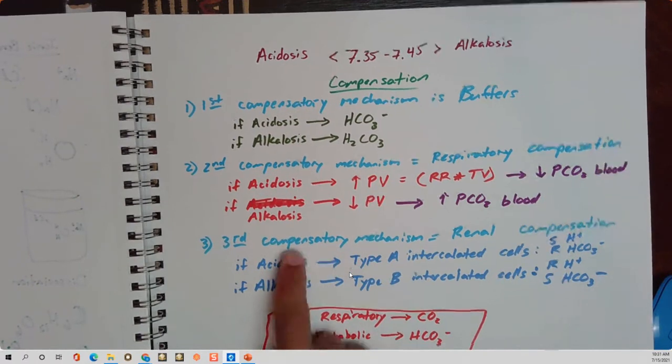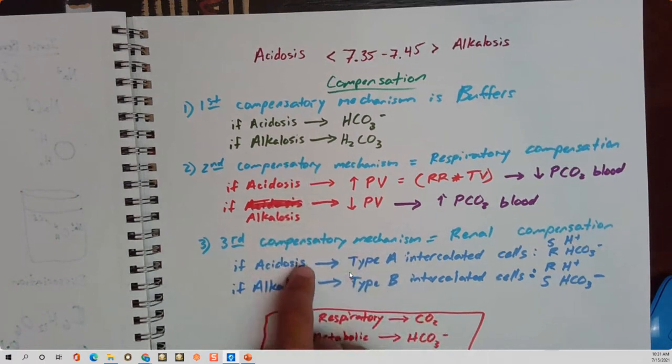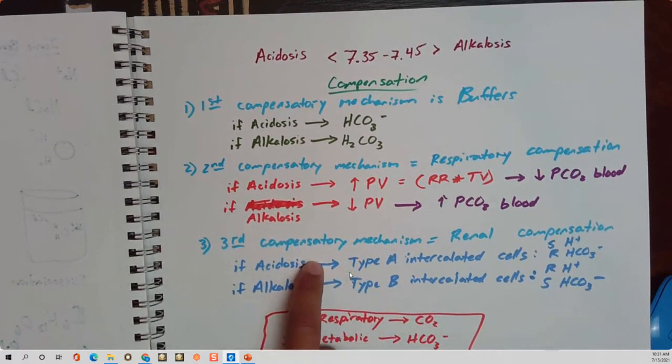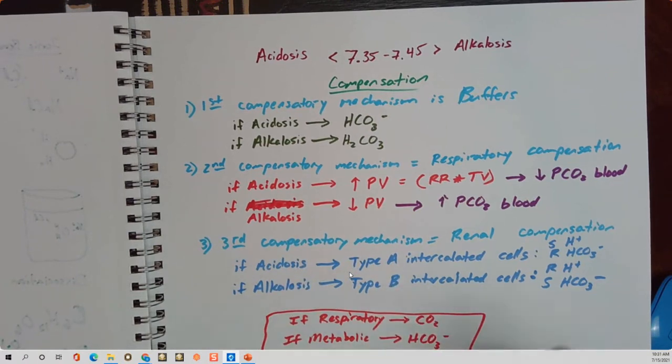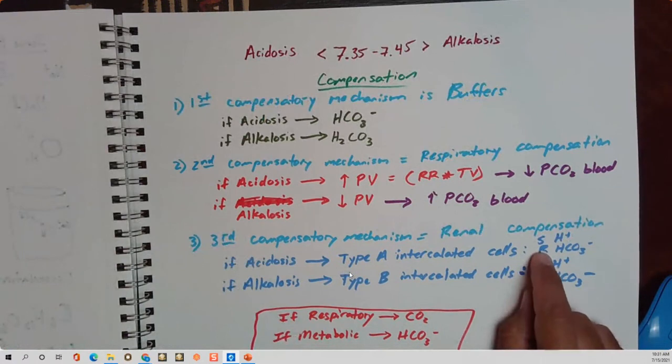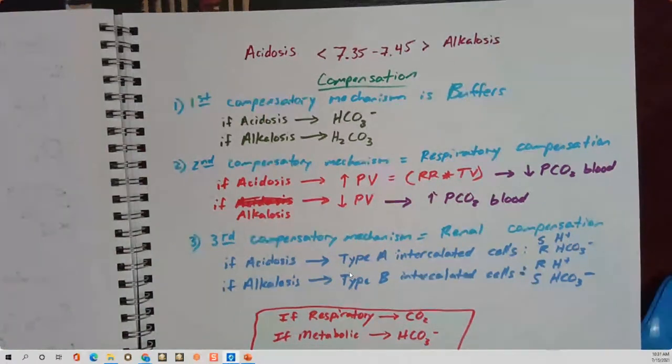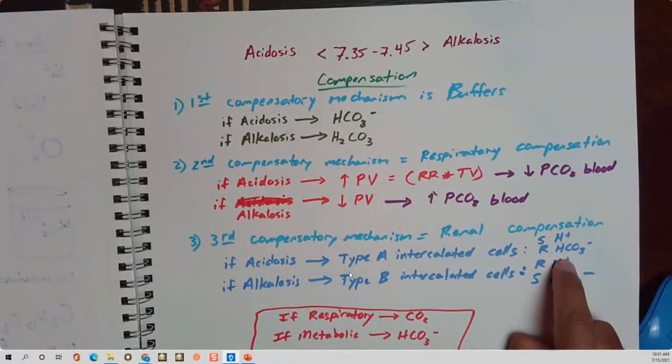What is going to be happening with this renal compensation? If I'm in acidosis, what kind of cells are doing their thing? Type A or type B? Type A are always going to be secreting hydrogens. I'm in acidosis, I'm trying to get rid of those hydrogens. And what am I reabsorbing a ton of?